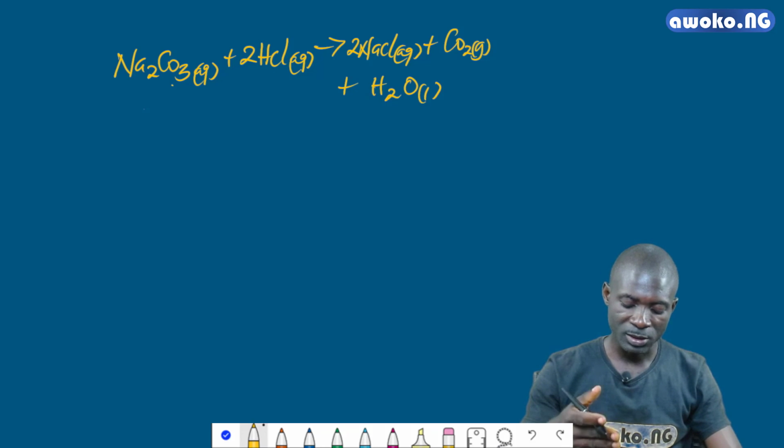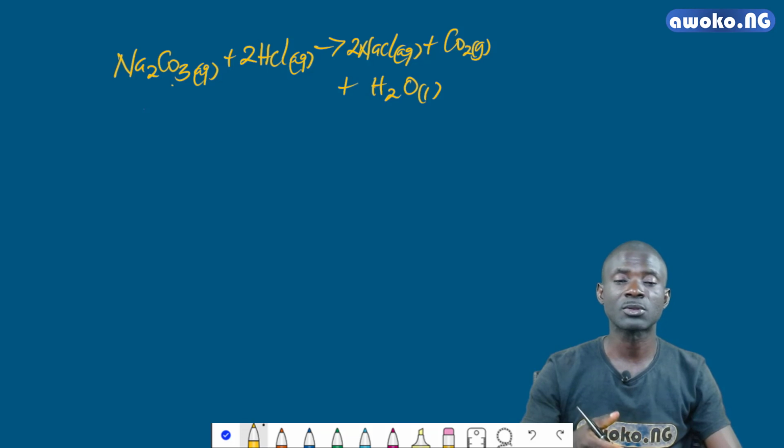The oxygen is 3 atoms at my right hand side, my left hand side is also 3 atoms. So with that, I have balanced all the elements and atoms in the equation. So that is a balanced chemical equation for the neutralization reaction between sodium trioxocarbonate 4 and hydrochloric acid to give me sodium chloride, carbon 4 oxide and water.